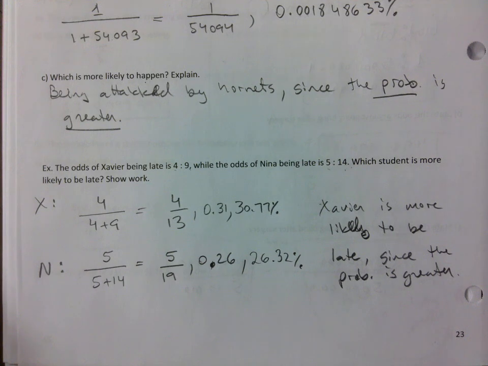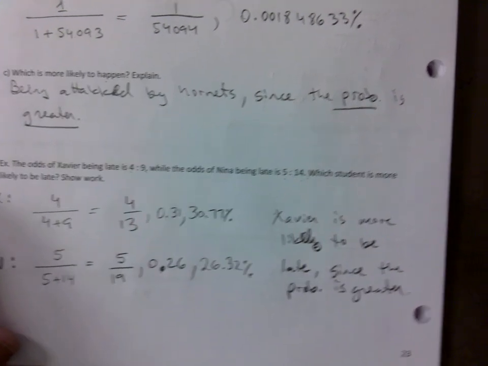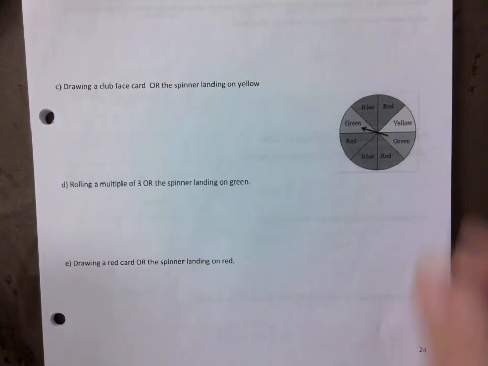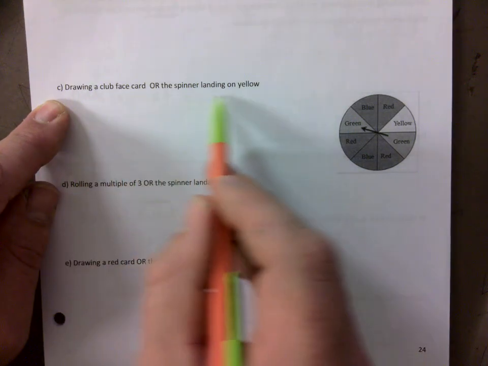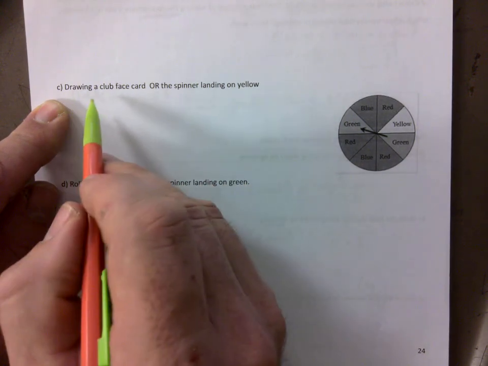I think I want to do one question on 24 and one question on 25, and then the rest I'll leave up to you. So go to 24, and I'm just going to do a random question here. I'm going to do C, 24C, this one right here. So go to page 24.